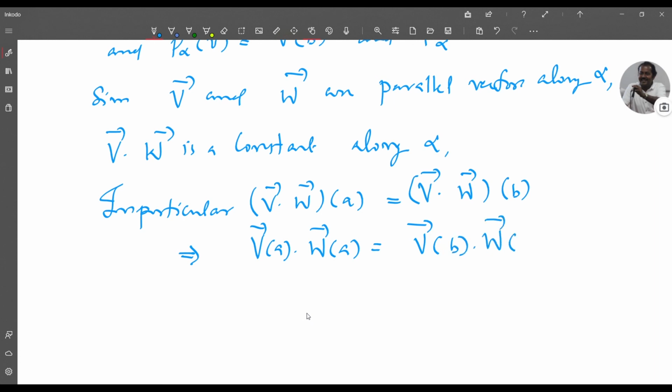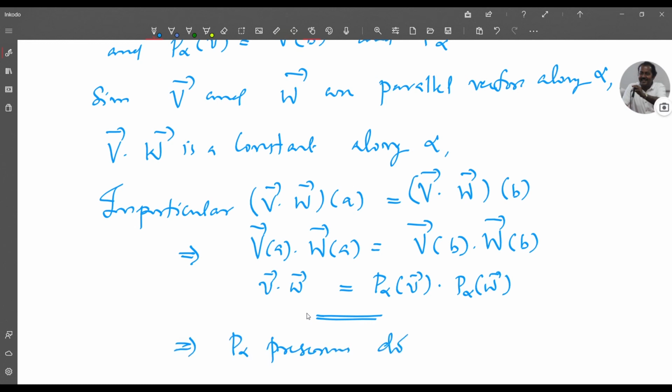All these are vector fields along alpha. And you know V of a is little v and W of a is little w. This is equal to V of b, which is P alpha of little v, dot P alpha of little w. So this implies P alpha preserves dot product. So that's all for today.